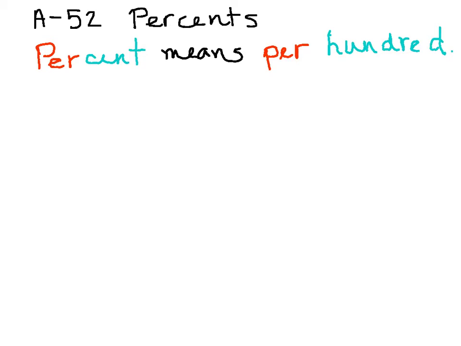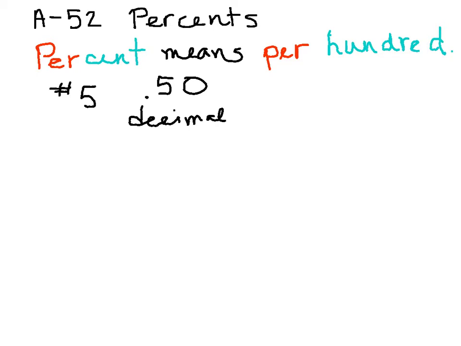So, for your homework, let's take a look at number 5. It says 0.50, and obviously this is a decimal, and I want to write it as a percent.